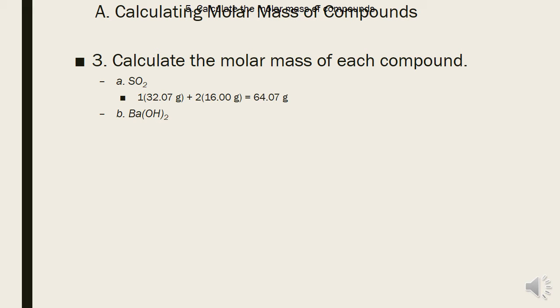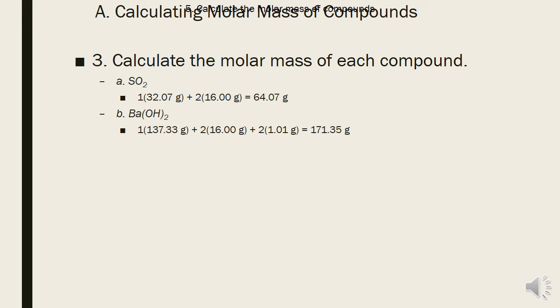This is barium hydroxide, Ba(OH)2. So look at the formula, ask yourself, how many moles of each element are in 1 mole of the compound? Well, looking at the formula here, I can see there's 1 mole of barium. And then remember the subscript outside the parentheses applies to everything inside the parentheses. So there's 2 moles of oxygen and there's 2 moles of hydrogen in here.